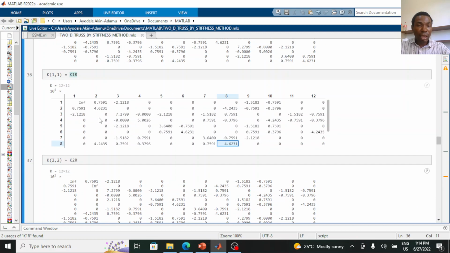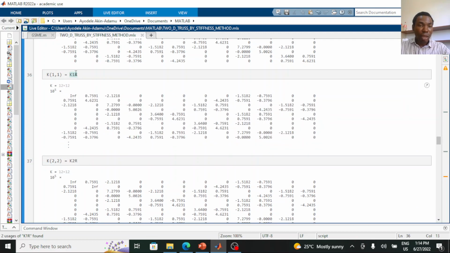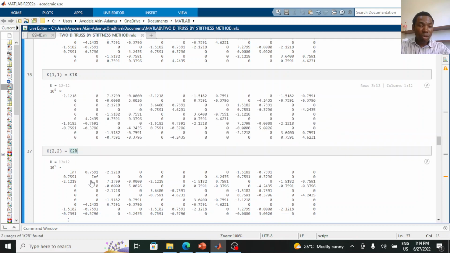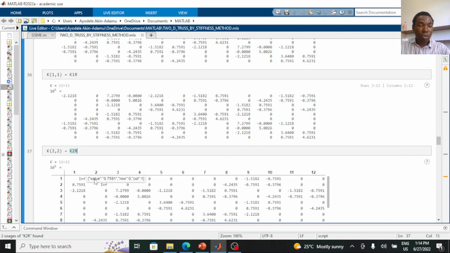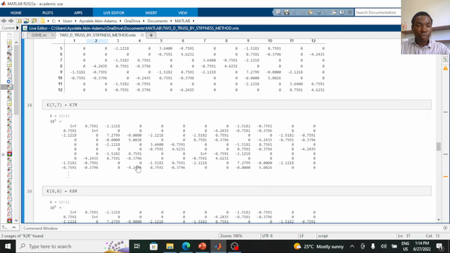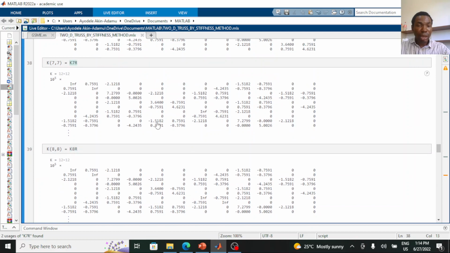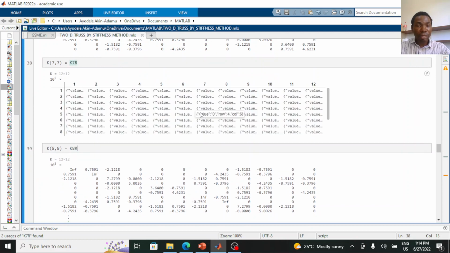So you see, I'm adding infinity. In this MATLAB line of code, I defined the stiffness earlier as infinity. So I'm adding infinity to 1, 1. You see the infinity value here. This code adds infinity value at 2, 2. This code here adds infinity value at 7, 7.